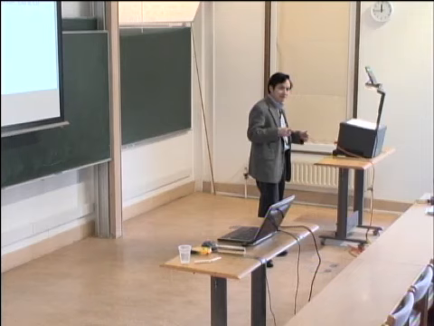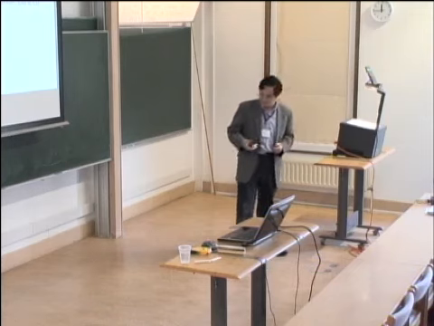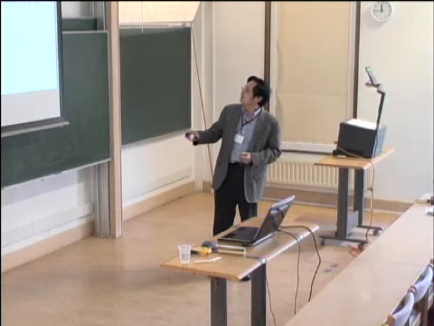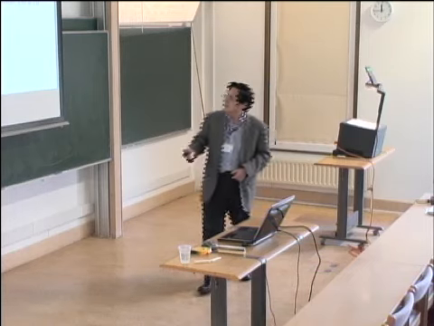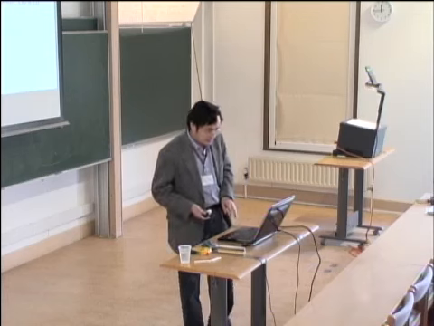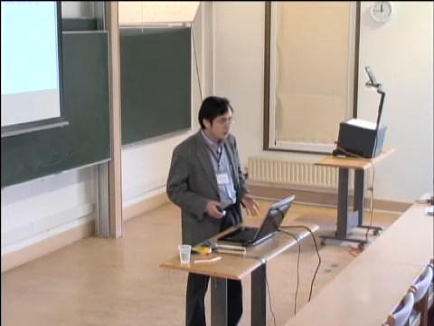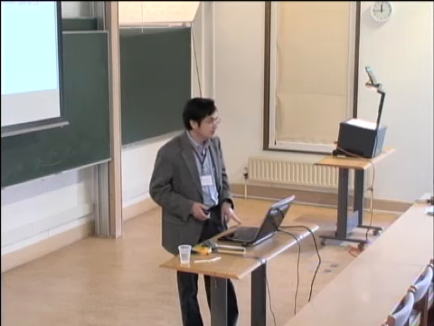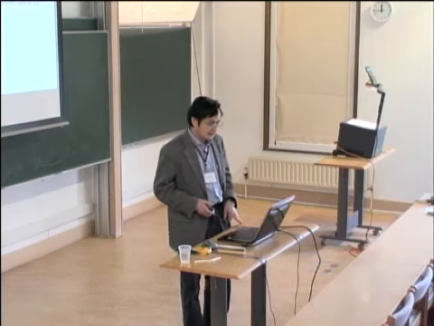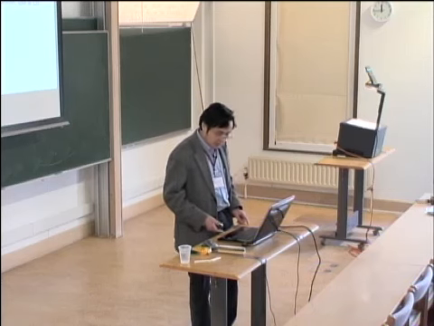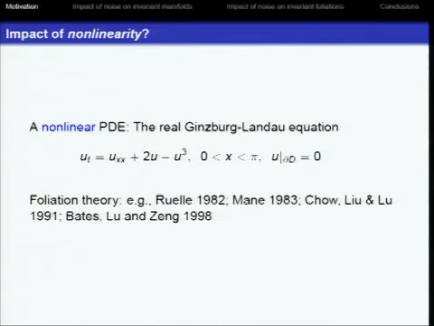Okay, although in my talk, I will use coordinates. And later on, Chow, Liu, and Lu, and Bates and his collaborators extended this theory, and more or less we have a quite good theory for parabolic nonlinear PDEs in terms of understanding foliation, stable fibers and unstable fibers.